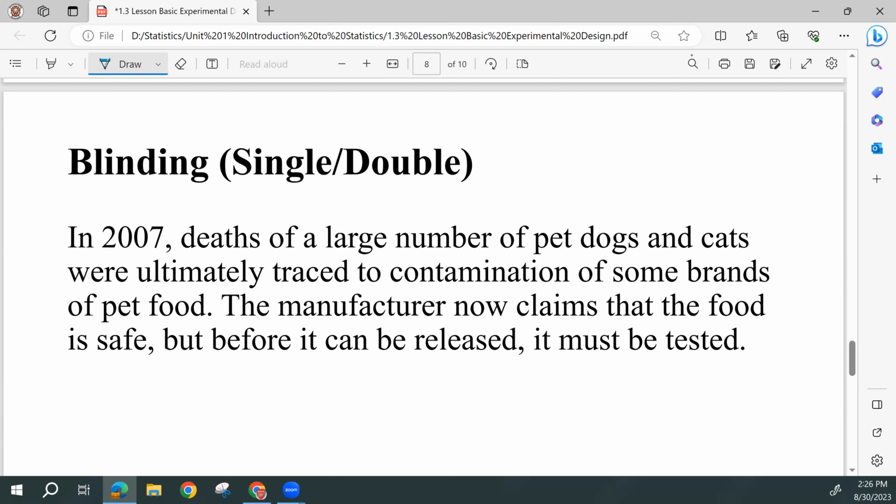And then we have a group of people who are going over the results. And so if one of the groups, either the subjects or the people administering, doesn't know which treatment is being handed out, that is called a single blind.